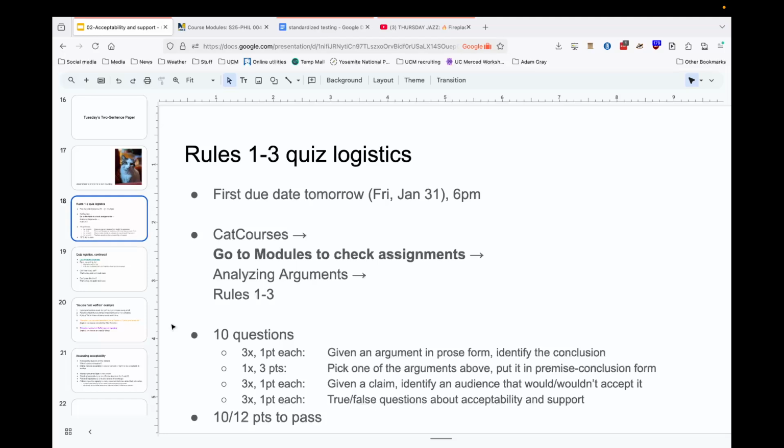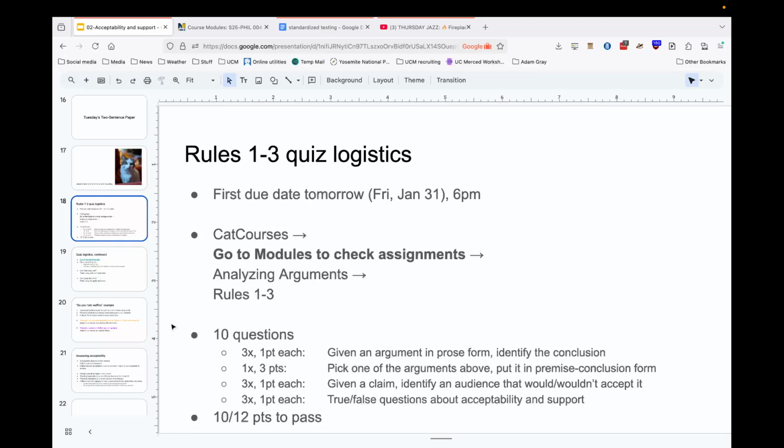Like if the capitalization doesn't match what it's expecting or the punctuation doesn't match what it's expecting, it will mark that incorrect, but when we grade it manually, we will check that and mark it correct. Okay, so don't worry too much about punctuation and capitalization. Point here is to identify the conclusion, basically just copy and paste.